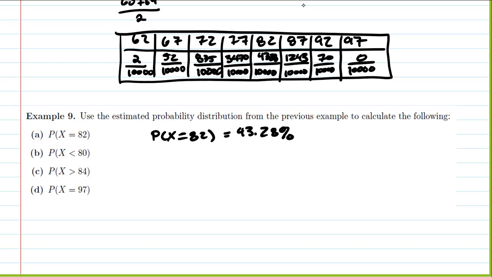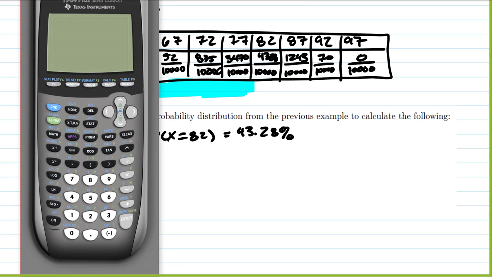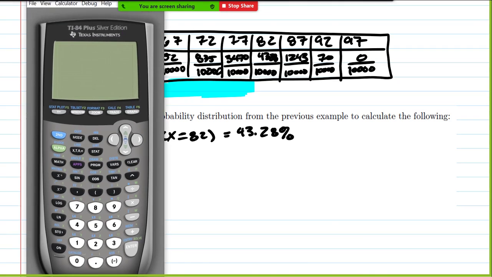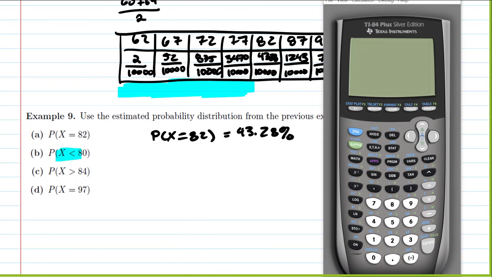All right, so what's our probability that x is less than 80? Well, the probability that x is less than 80 is going to be this group right here. Yeah, 62, 67, 72, and 77. So if we add those guys up, we're going to end up with the following.